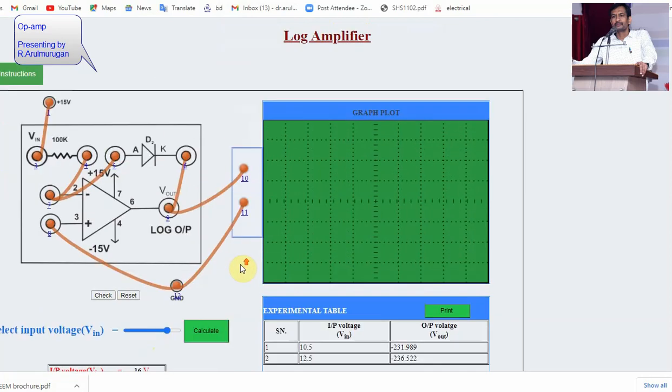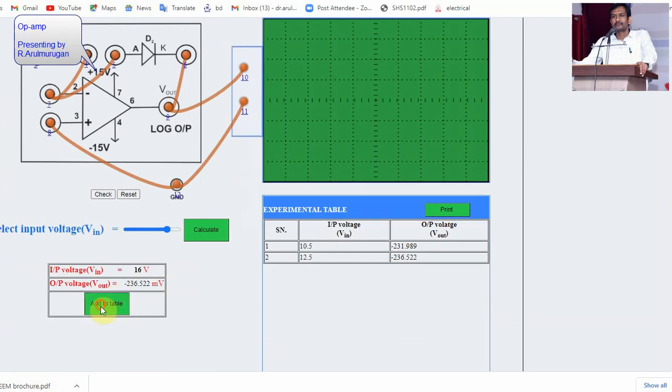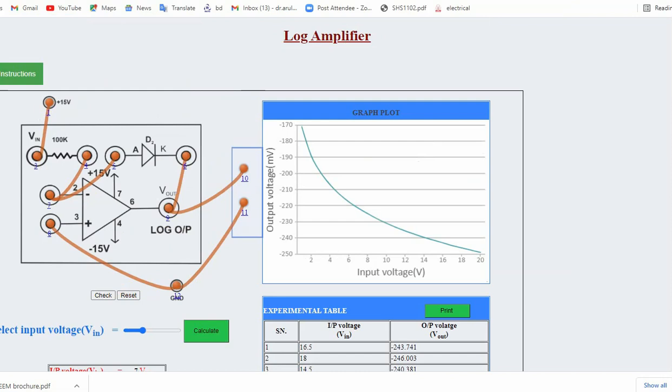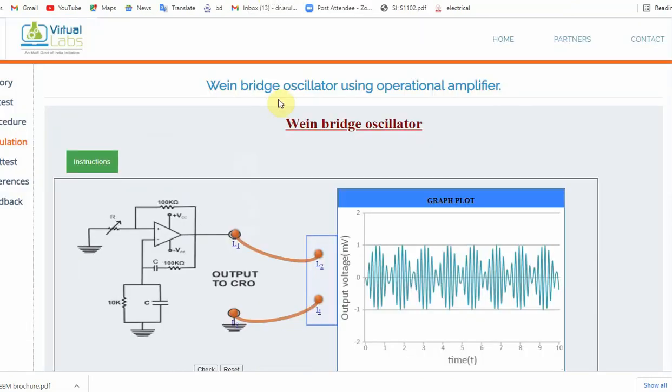This experiment is the log amplifier. The sources are connected to the minus terminal of the inverting amplifier. Okay, so that's all for the log amplifier, inverting amplifier, over.